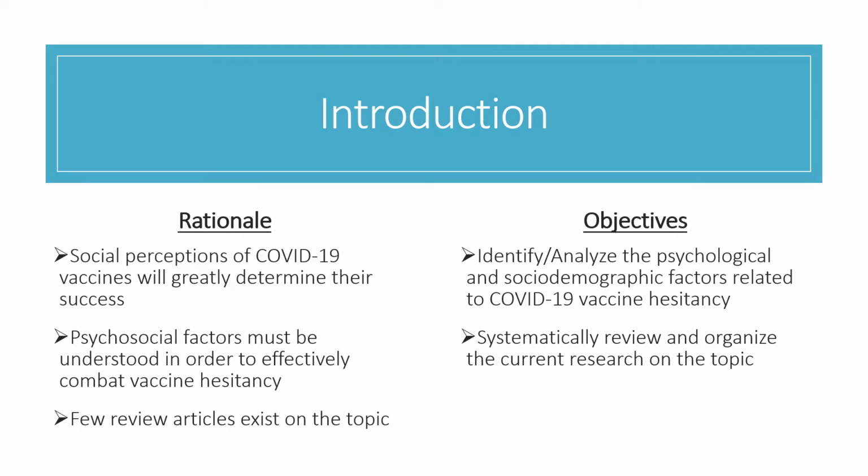Leading into the next point, vaccine hesitancy is a social issue, and in order to mitigate it, we must first understand the psychosocial factors that relate to and contribute to it. Finally, there are very few review articles that exist on this topic specifically, mainly due to the novelty of it, and so I am contributing to the literature in that way.